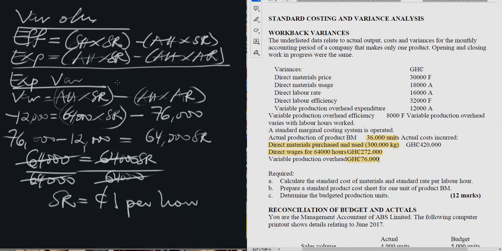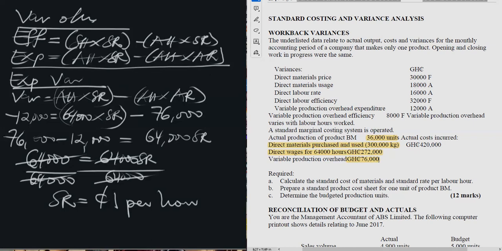How would you do that? Somebody may ask. There are a lot of ways you can do it, but the easiest way is to prepare your actual profit statement, and reconcile to your budgeted profit. Once you get your budgeted profit, then you can use it to get your budgeted units. That is how you can go about it. Is that okay? But first of all, let's prepare a standard cost sheet for 1 unit of product BM.